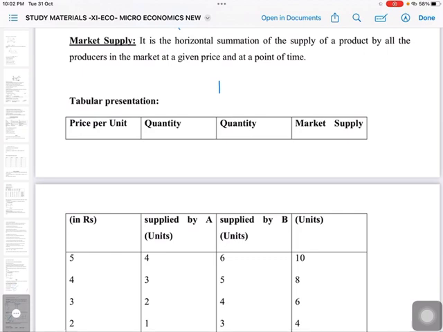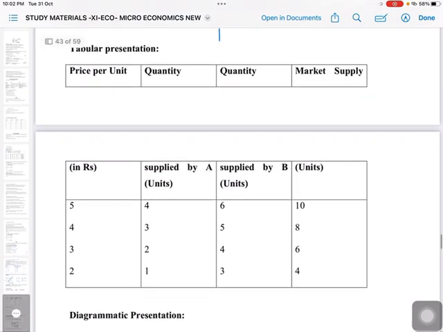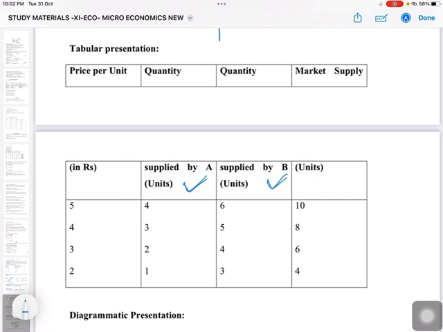Abhi you can see it in the table, how you can find the market supply. Suppose there are two firms, firm A, another is firm B. Suppose in the entire market there are two sellers, seller A and seller B. जब प्राइस 5 रुपया था, A was supplying 4 unit, B was supplying 6 unit. तो टोटल सप्लाई कितना हुआ? 4 plus 6, that is your 10 units.